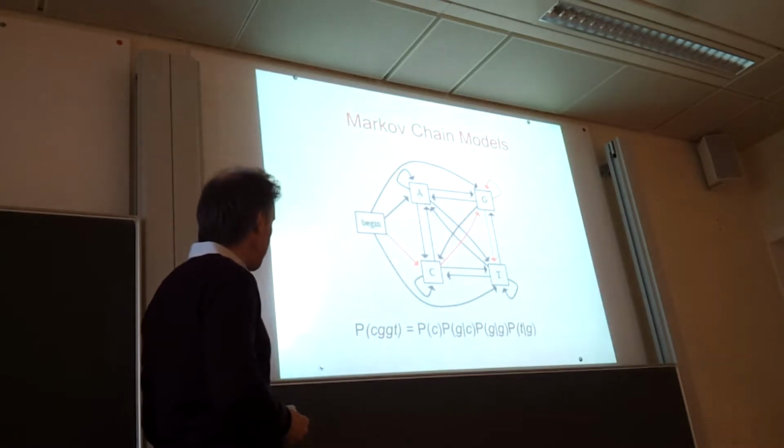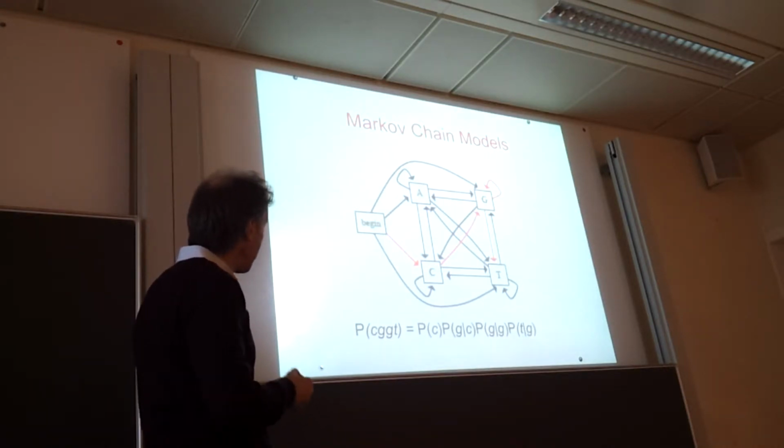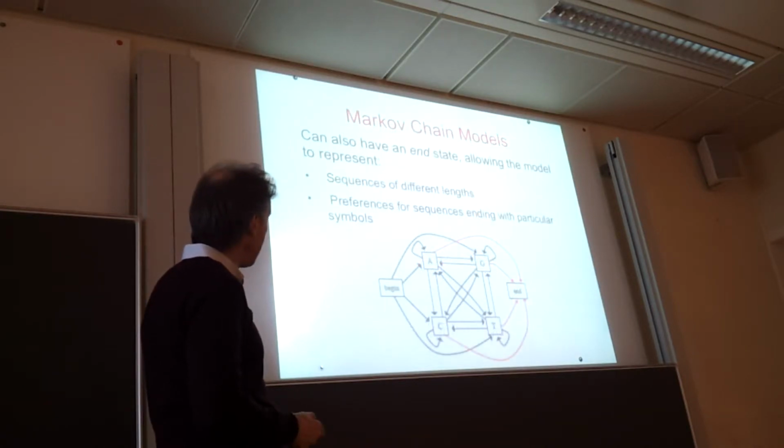The sequence GGT. So, what is this? This is what you have: T given G, G given G, G given C, and then C is your starting letter. So that's just this begin probability. So this is how you execute these models.